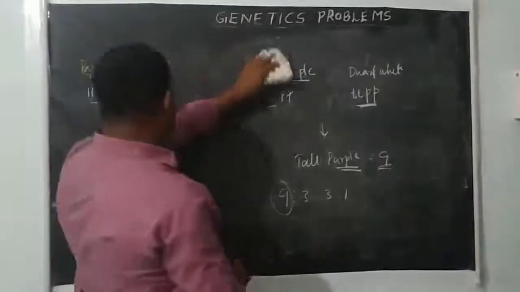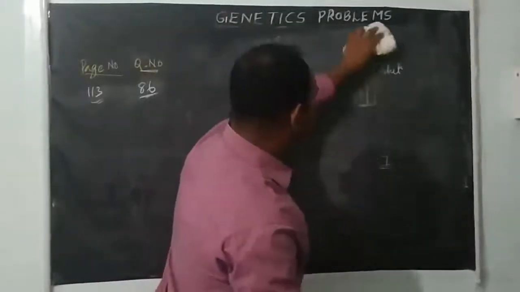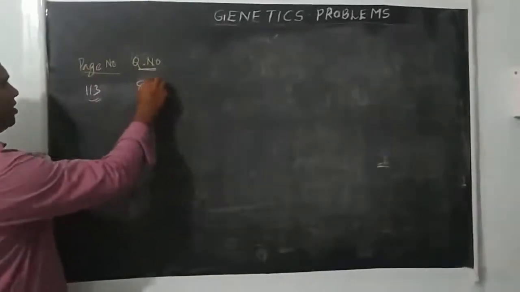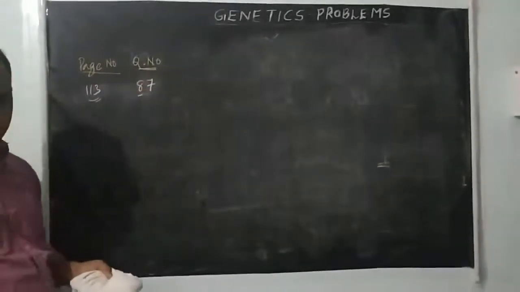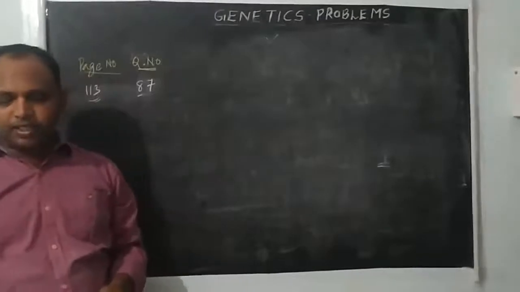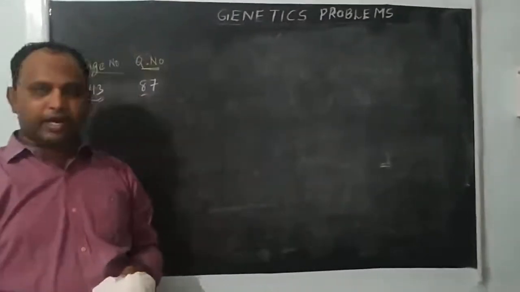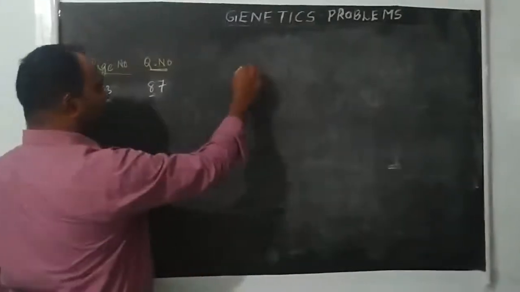So next question, question number 87. What is the percentage of double homozygous individuals in the F2 progeny of a dihybrid cross? The F2 progeny I already told.